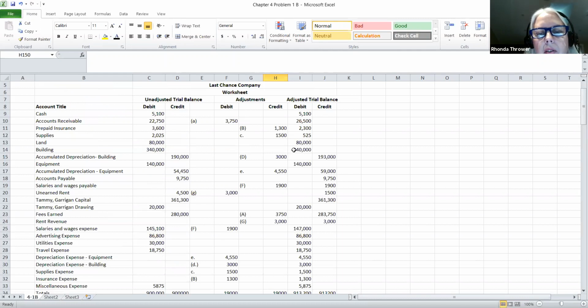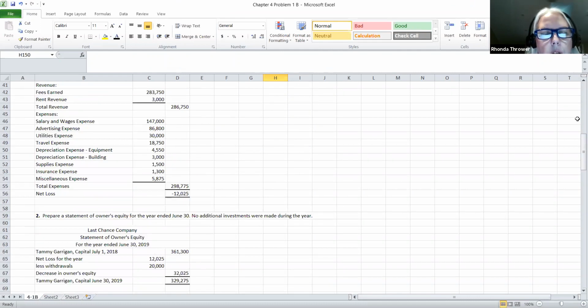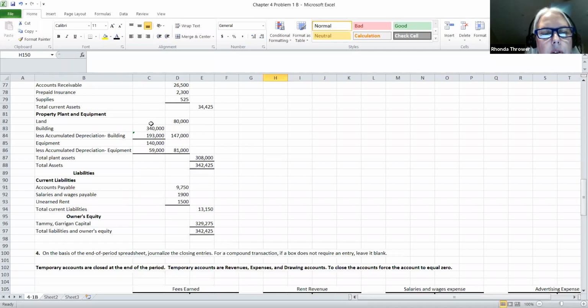The adjusted trial balance amount of $340,000 is the amount of the cost of that building. Notice we put the cost of the building under the property, plant, and equipment section, or your plant asset section. It goes right here.